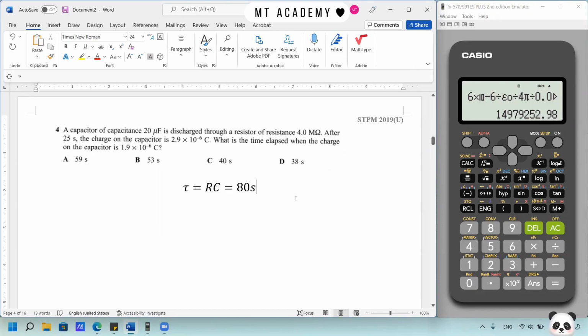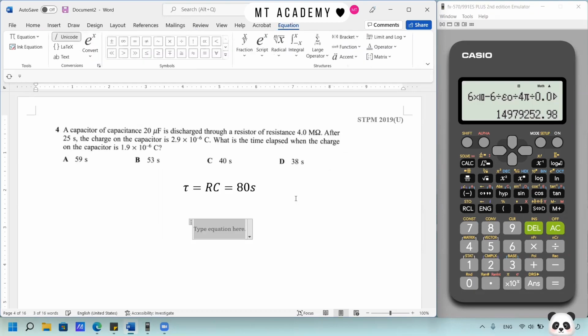So we learn about the charge response, which during the discharging process is Q equal to Q naught multiplied by e to the power of negative t over the time constant. So we can find out the initial charge, or we can just apply the ratio to obtain the time elapsed.